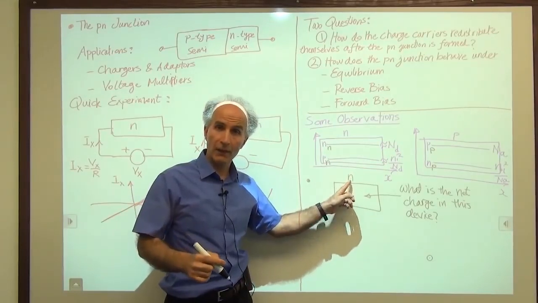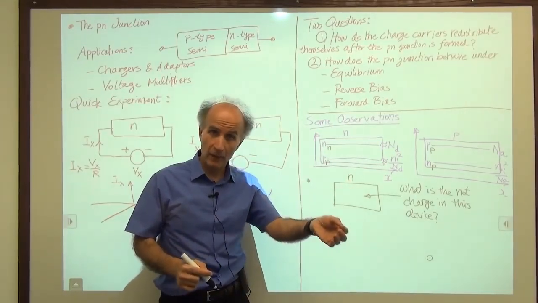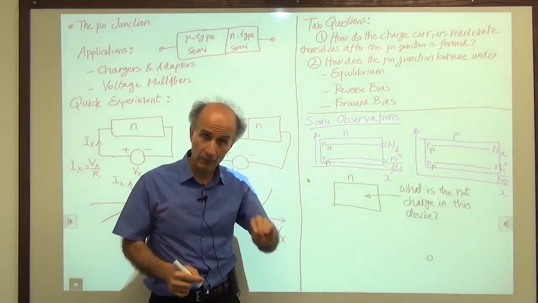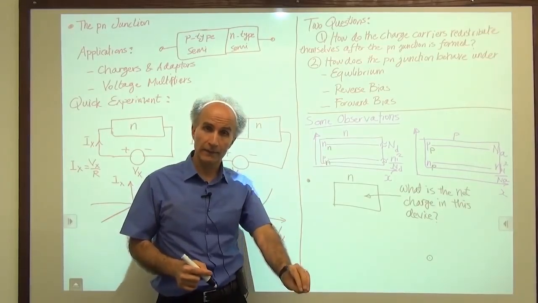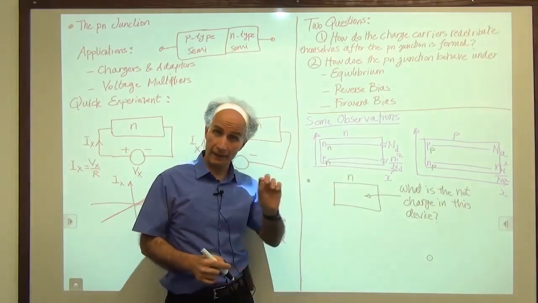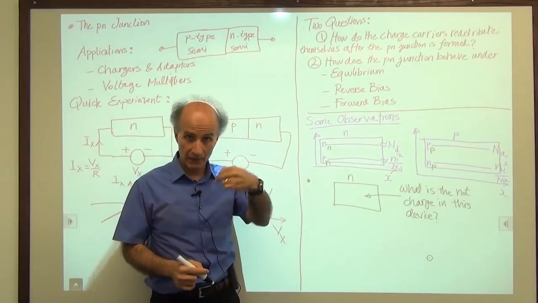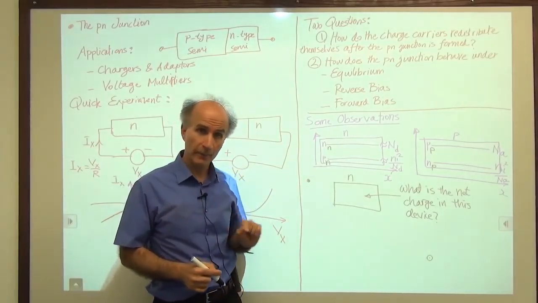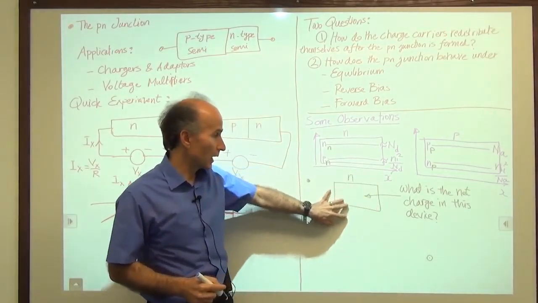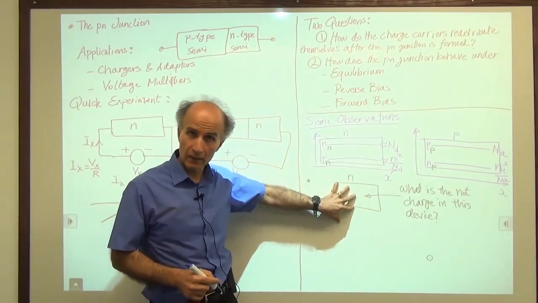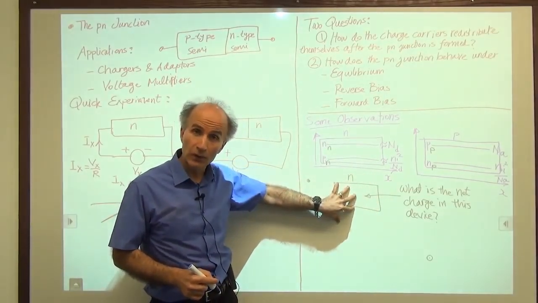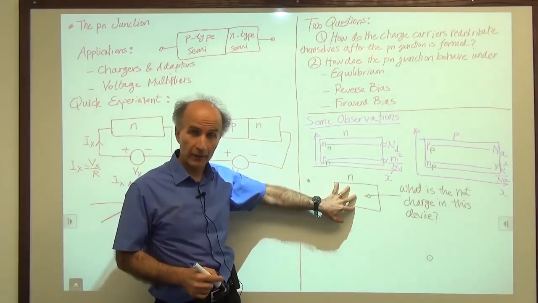So if the electron is available from a phosphorus atom, that phosphorus atom still has a proton inside the nucleus. If the electron came from a silicon atom, that silicon atom still has a proton in its nucleus.